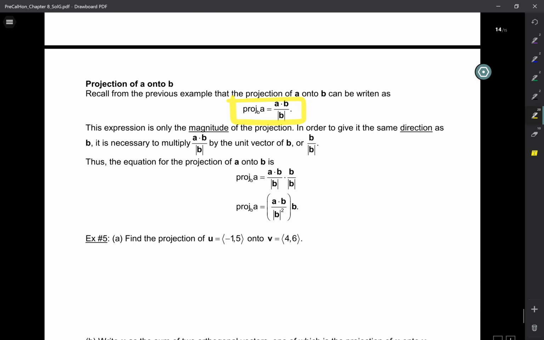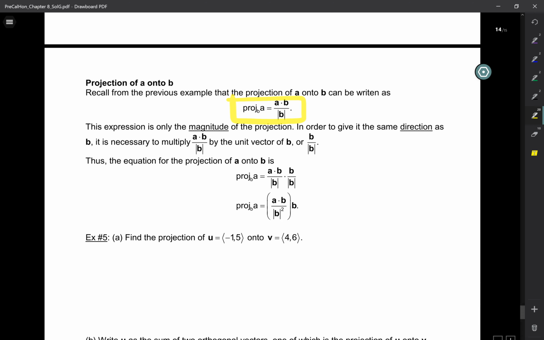Now, this is just the magnitude. This gives you a length. The projection is a length. How do I get it to be in the same direction as what I want it to be in? If I just have a length, how do I give it a direction and turn it into a vector?